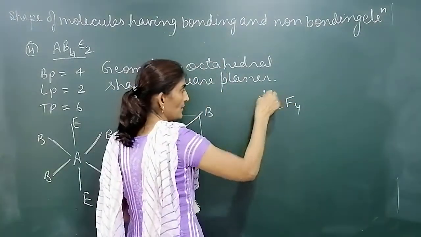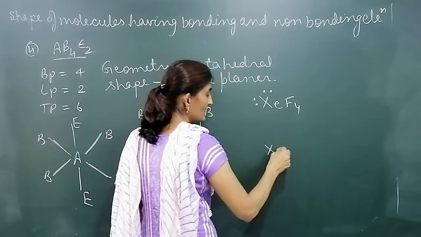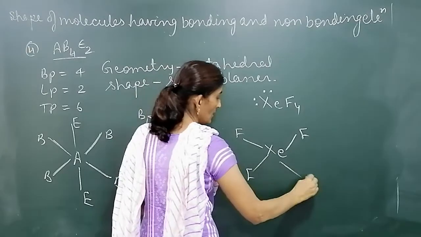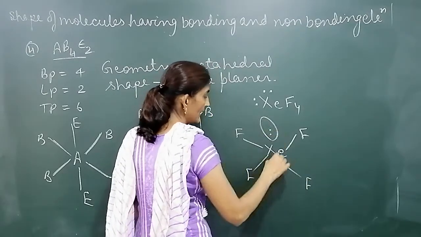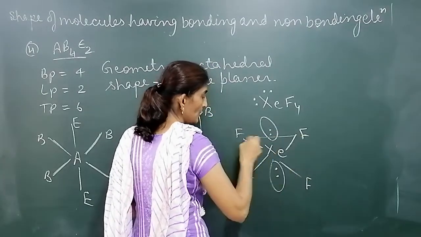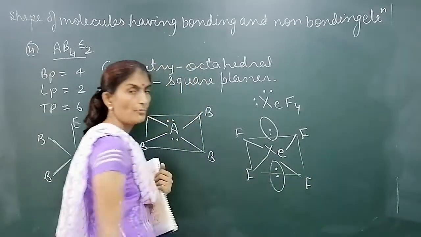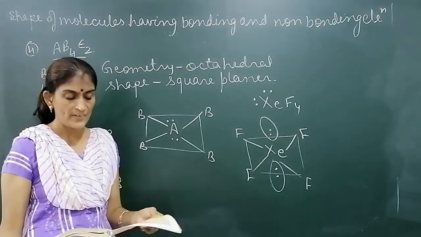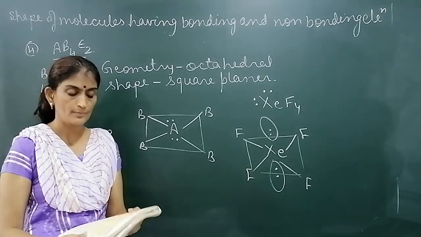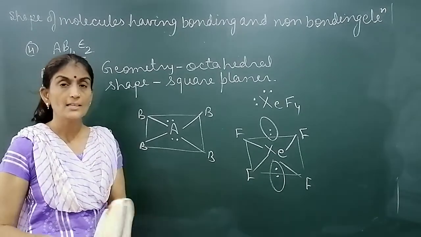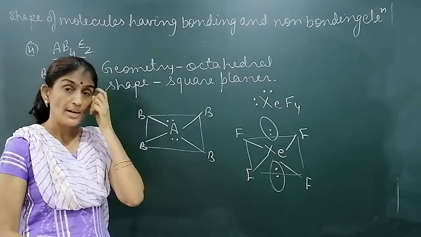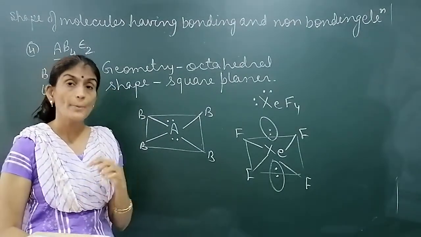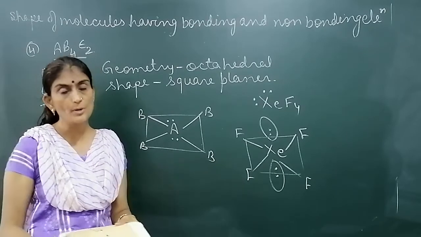It has 2 lone pair of electrons, xenon at the center, 4 fluorine at 4 corners. 2 lone pairs are present like this. So its geometry is octahedral, but its shape will be square planar. Okay, any places we can arrange these two. These are the shapes of different molecules where lone pair as well as bonding pair of electron present.